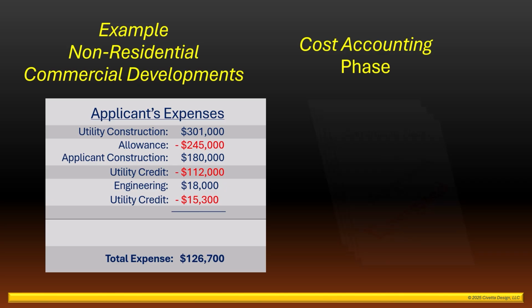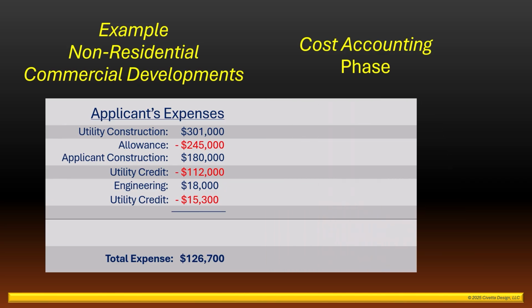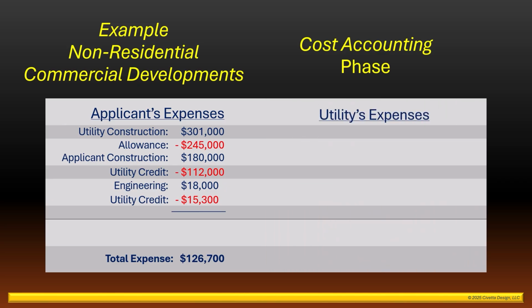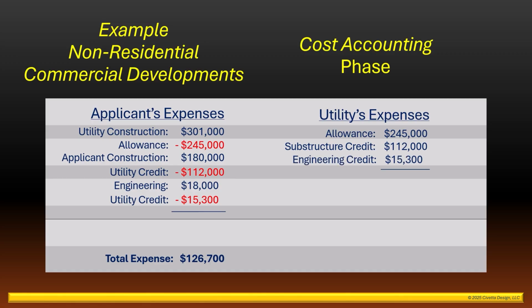Let's compare that to the utility's investment in the project. Based on the applicant's projected electric load, the utility granted an allowance of $245,000. They provided a credit for the value of the substructures installed by the applicant and deeded to the utility, $112,000. They also provided a credit of $15,300 for the cost of the applicant-designed construction plans.